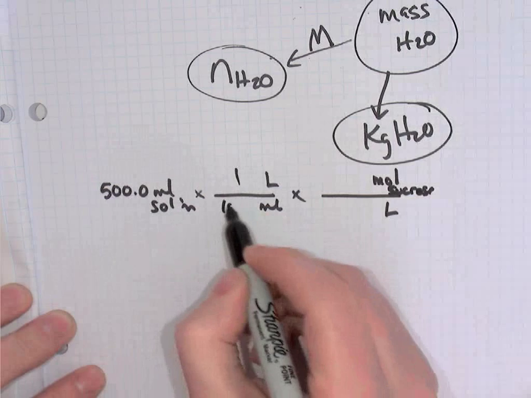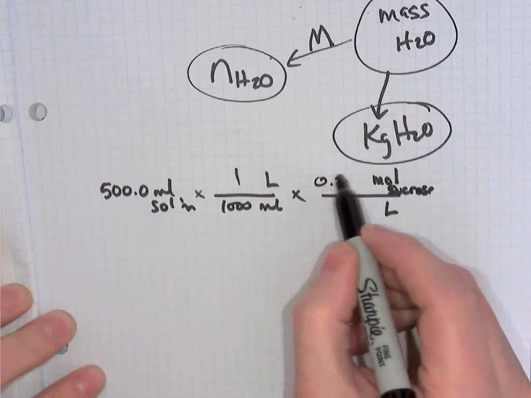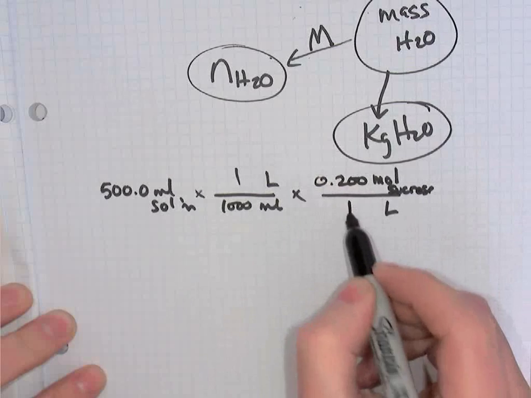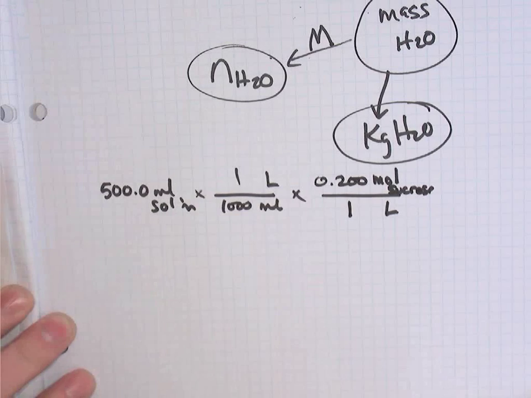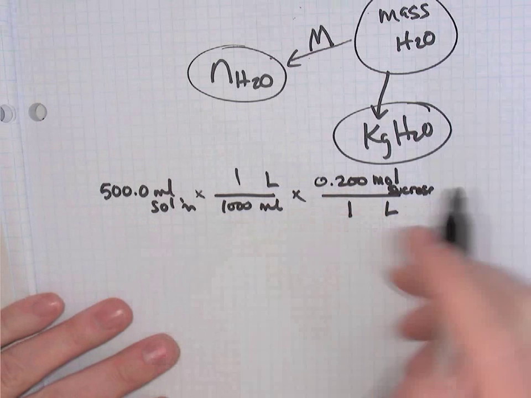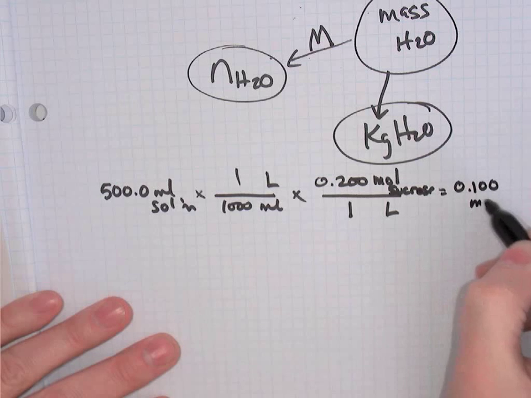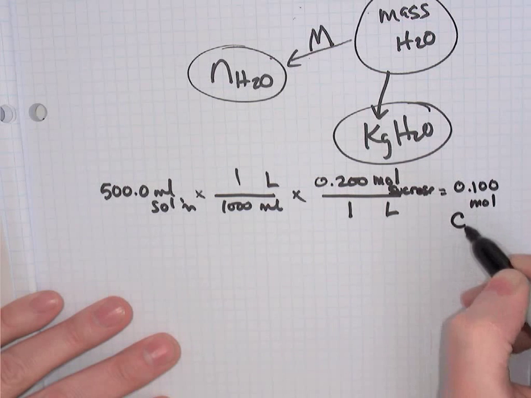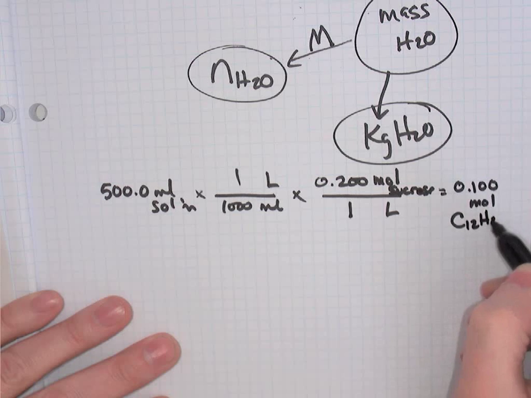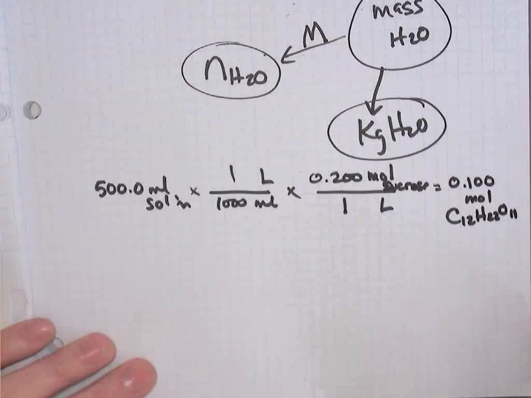So 1 liter is 1,000 milliliters, and the concentration was 0.200 moles per liter. So we have 500 divided by 1,000 is 0.5 times 0.2 would be 0.100 moles of sucrose, C12H22O11. So there's the moles of sucrose.